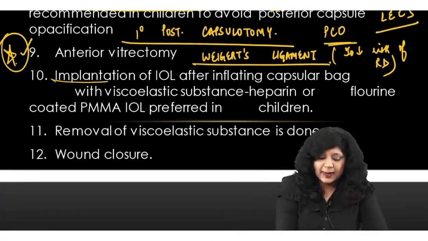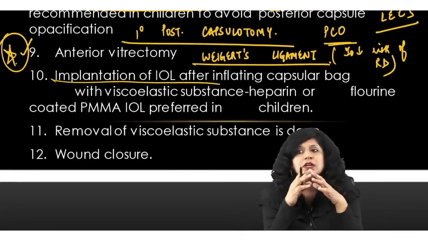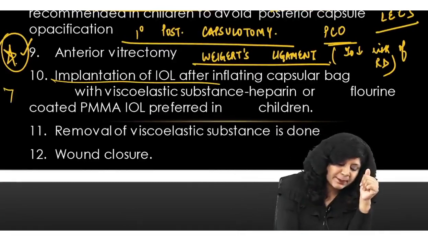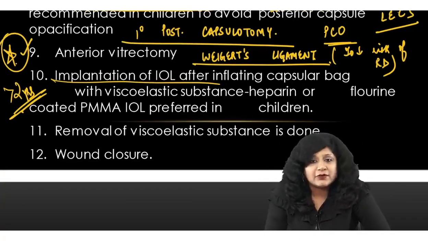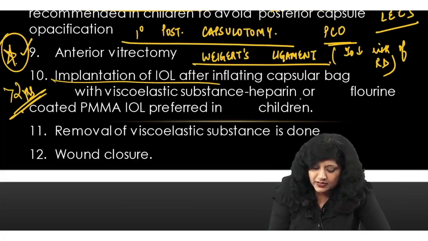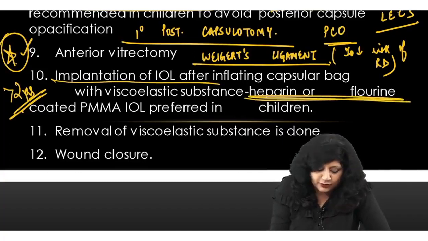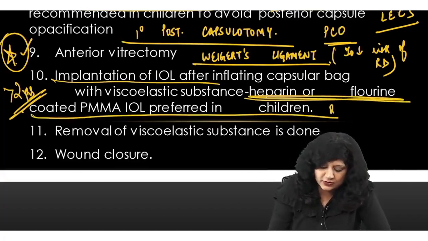Then you do the implantation of the IOL. Implantation of IOL is usually preferred after 2 years of age, and secondly, you give heparin coated IOLs or fluorine coated IOLs in children.